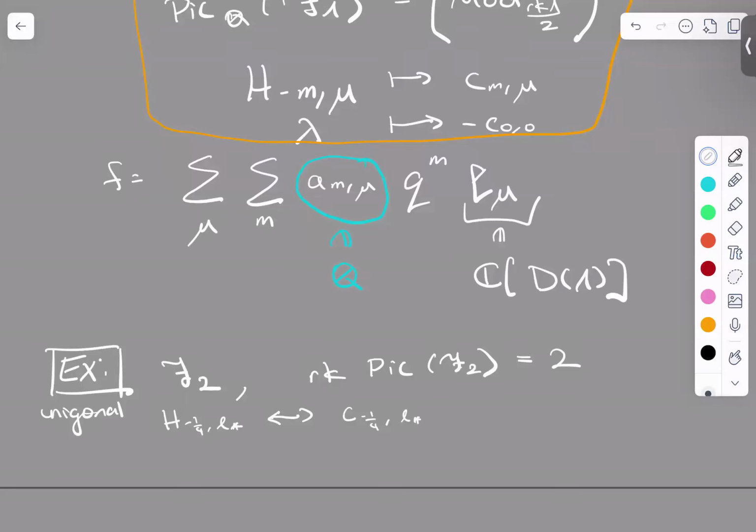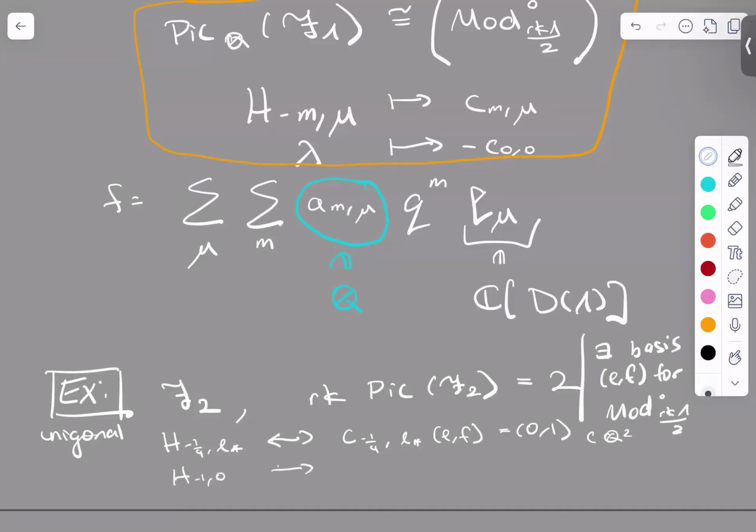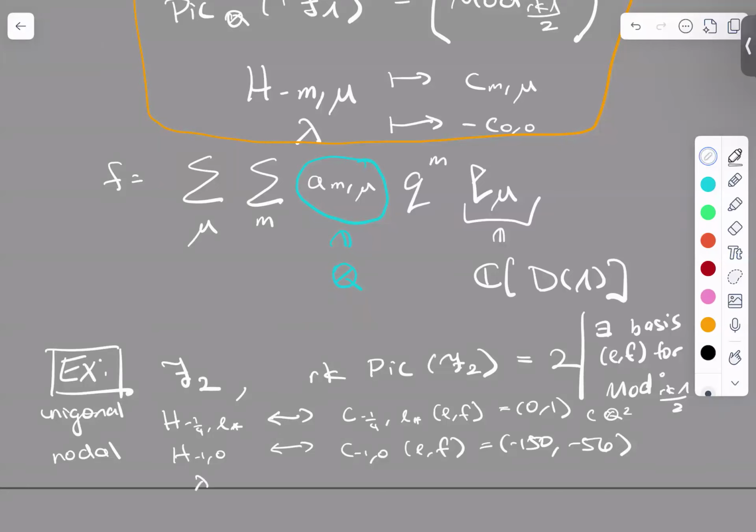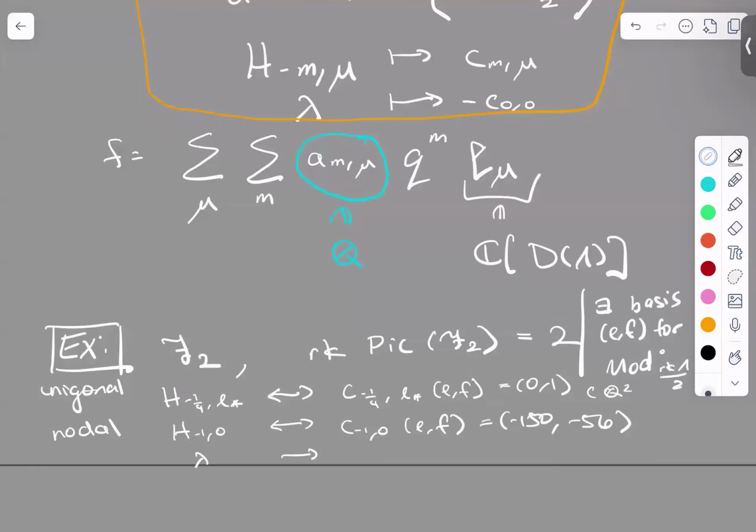And similarly, if I look at these other loci that I mentioned, this H minus 1, 0 Heegner divisor, which I said was this nodal locus, this corresponds with this basis to some particular vector that looks like this. And I also mentioned this class lambda, which is this Hodge class, a distinguished class.